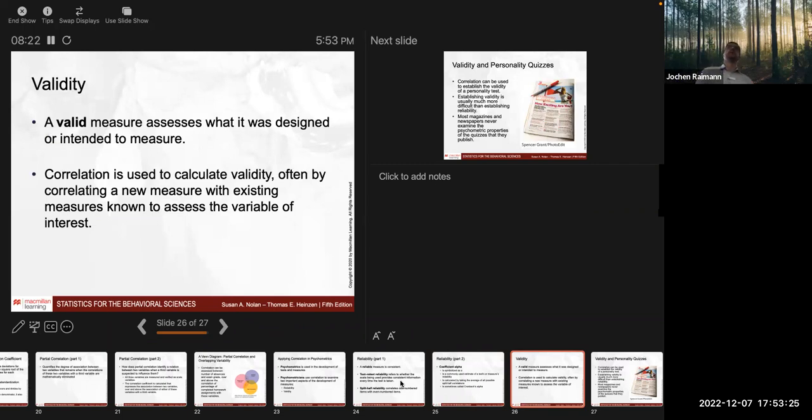So if you have a survey that gives you an insight into something that you know is associated with a second variable, let's say, for example, age. People that are older are more likely to have a lower quality of life perception.